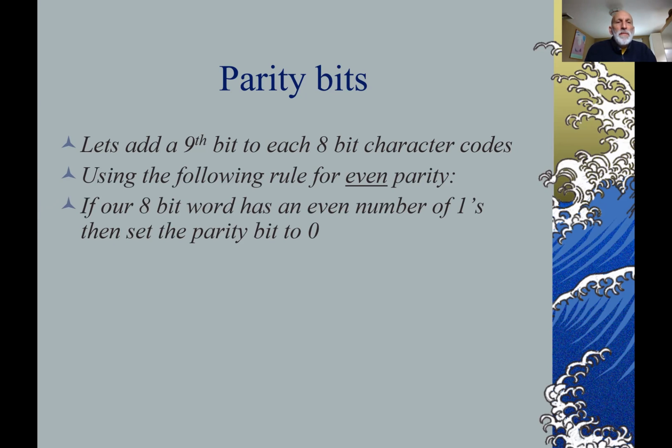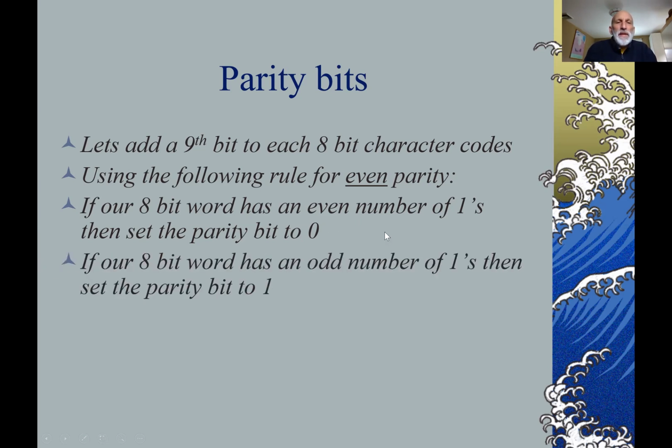Even parity is the following. You look at the 8 bits that are in your real data. If it has an even number of ones already, in other words, there are 2 ones in that 8-bit pattern, or 4 ones, or 6 ones, or even 8 ones, then that 9th bit, called the parity bit, is set to a 0.